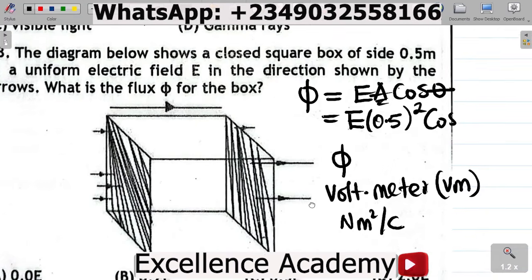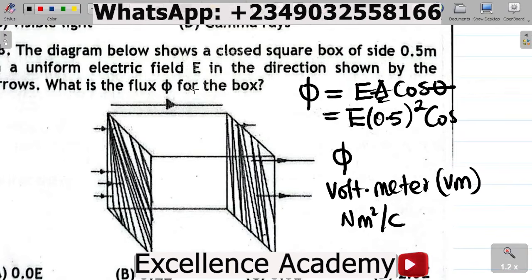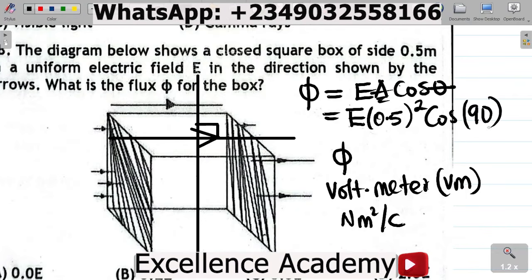If the field is moving this way, you want to see that this is actually perpendicular to this. So the angle there is 90 degrees because the field is moving perpendicular to your vertical line. So theta becomes 90.